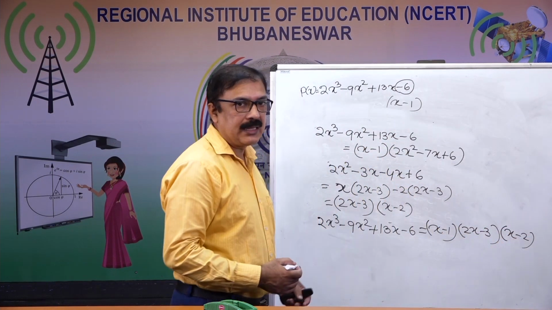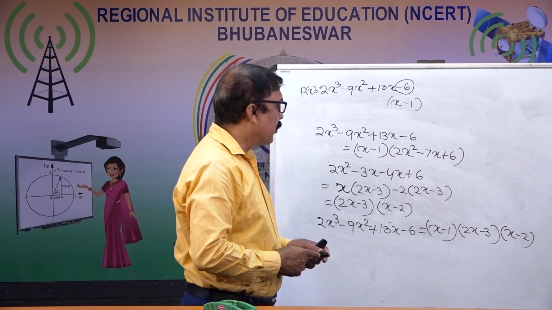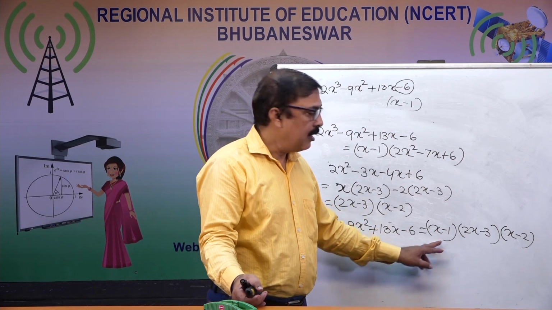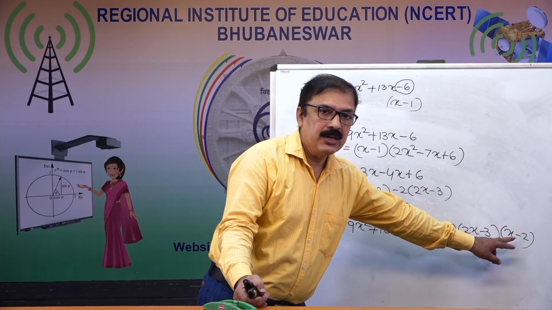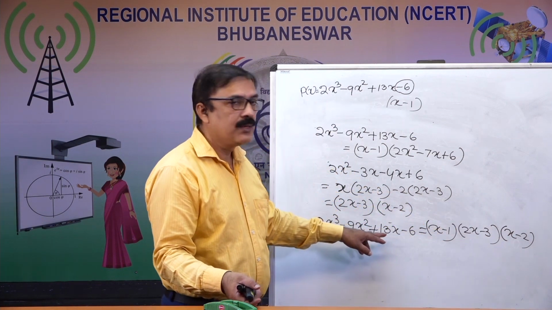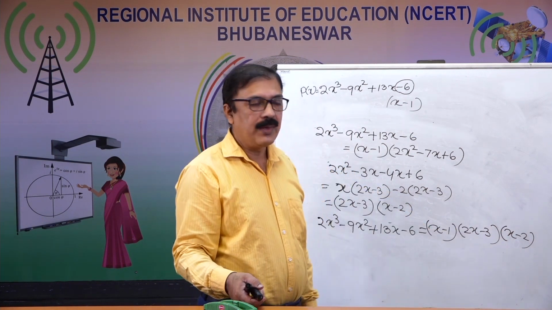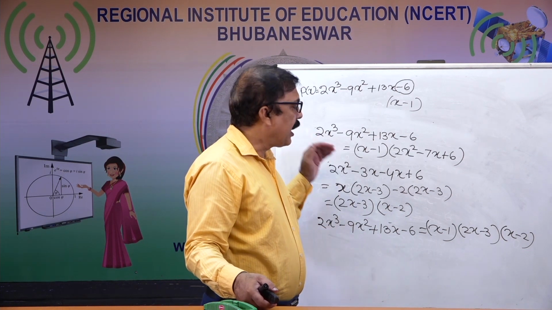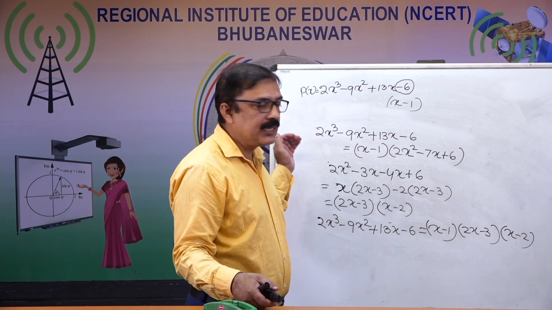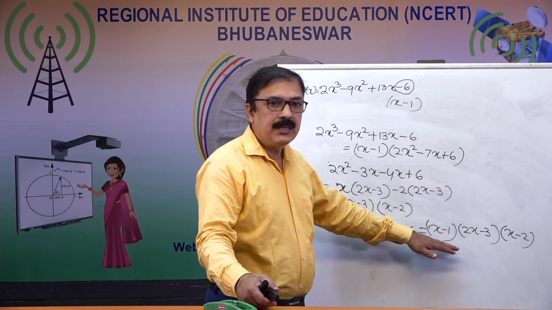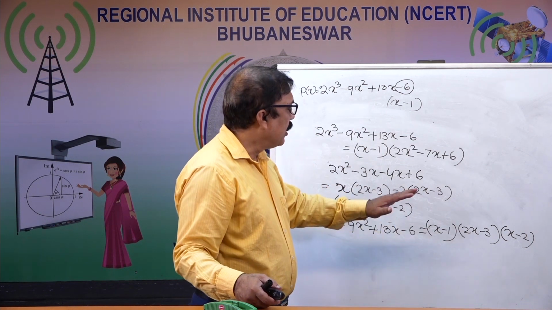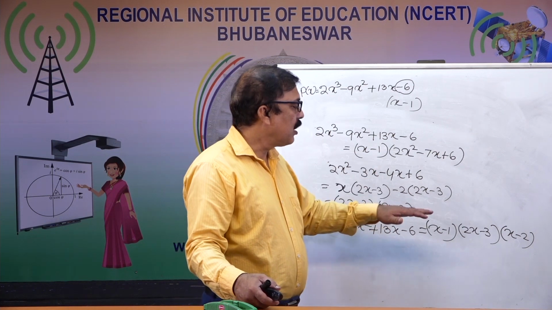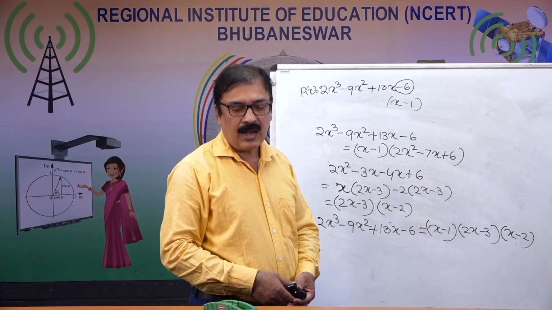So how many factors are there in this cubic polynomial? We have 3 factors, namely x minus 1, 2x minus 3, x minus 2. Each of these polynomials is a linear polynomial. So whenever a cubic polynomial has factors, then we have 3 linear polynomials as factors, or a linear polynomial and a quadratic polynomial as factors.